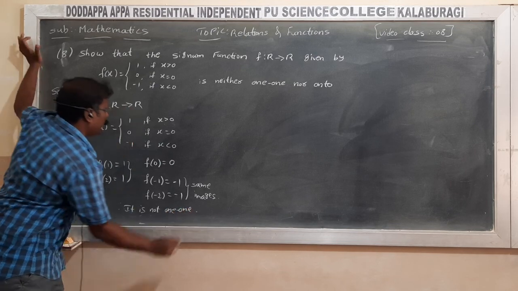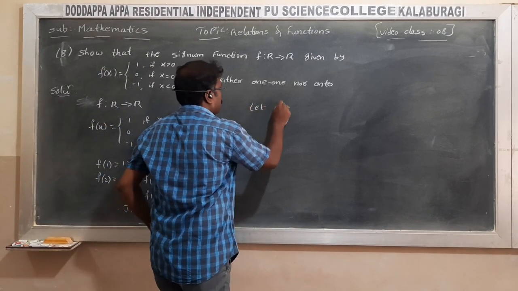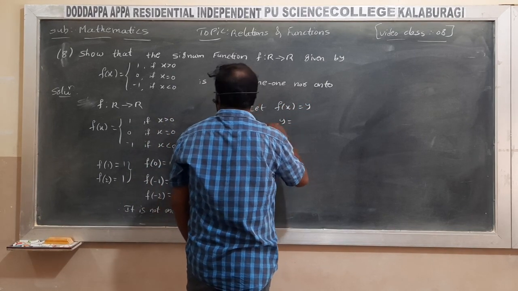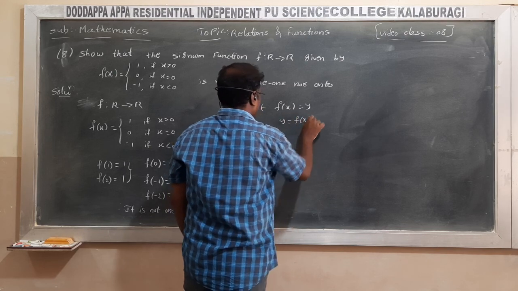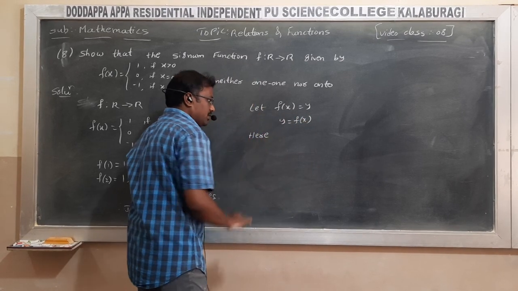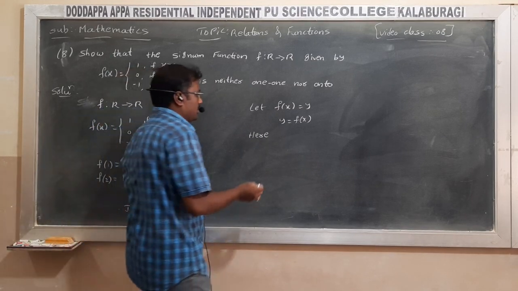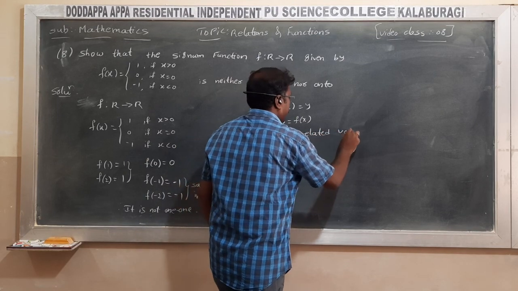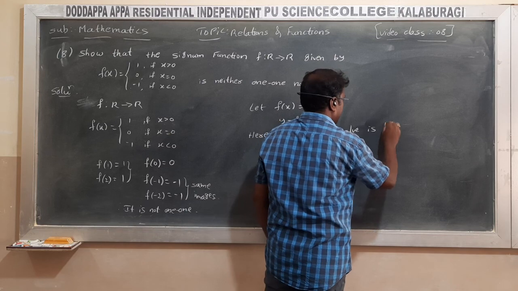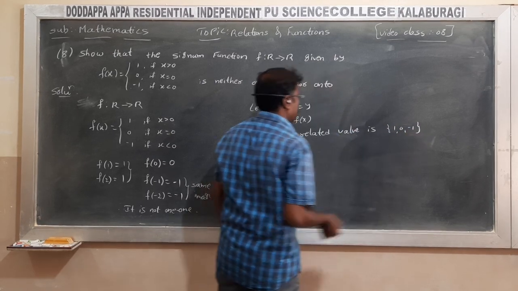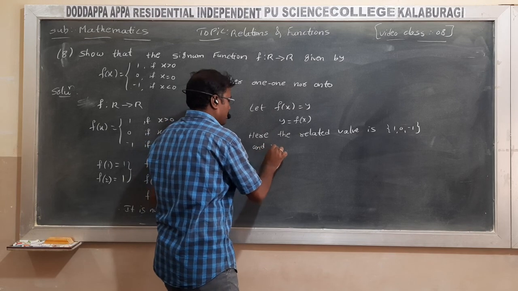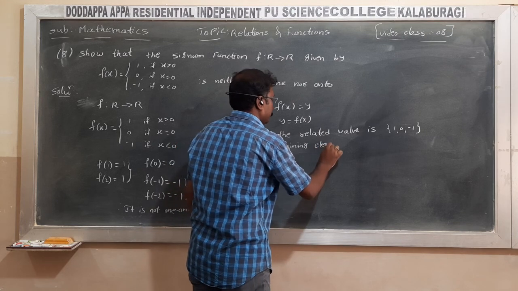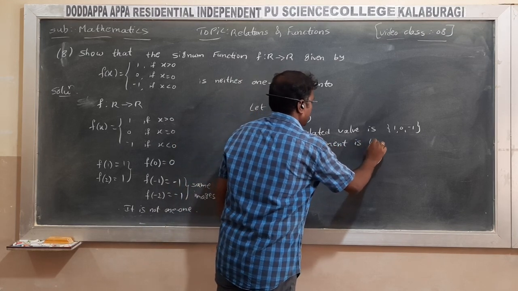Similarly, for onto, let f of x equal to y. So y equal to the given function f of x. Here the related values are 1, 0, minus 1, and the remaining elements are left.